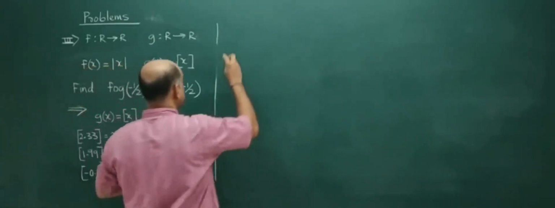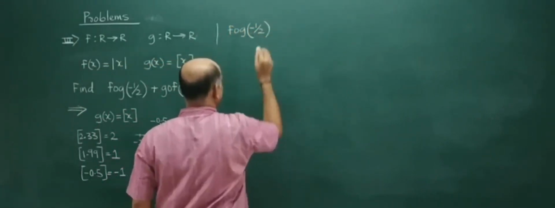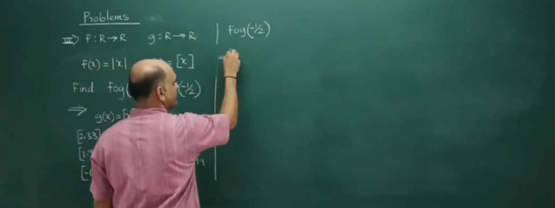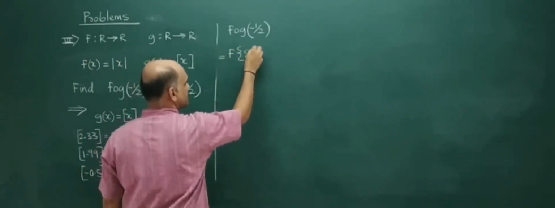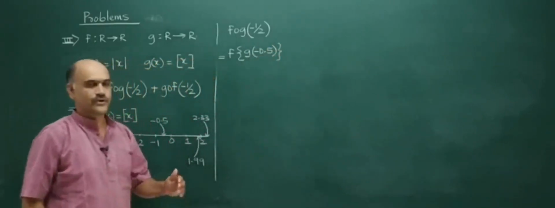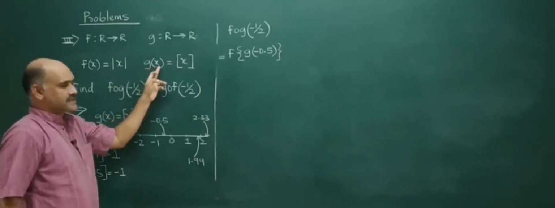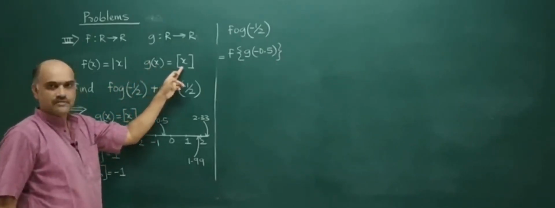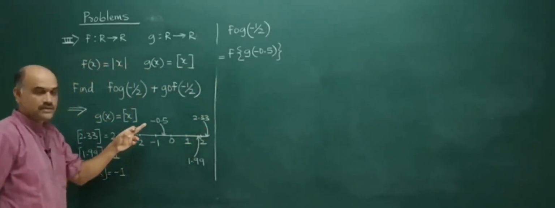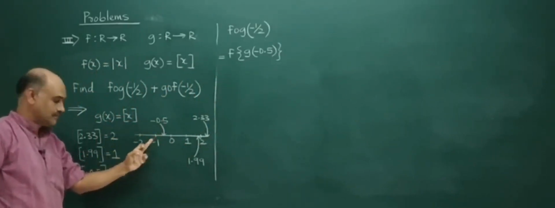First I will find f of g of minus 1 by 2. This is nothing but f of g of minus 0.5. I have divided 1 by 2. g of x is the greatest integer function. Just as I told, minus 0.5 means its value will be minus 1.